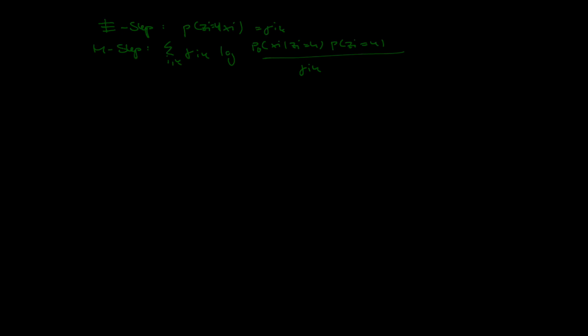I've just rewritten here the EM algorithm from before, and now let's state the problem. In a GMM we know that for a given cluster a data point is distributed like this.